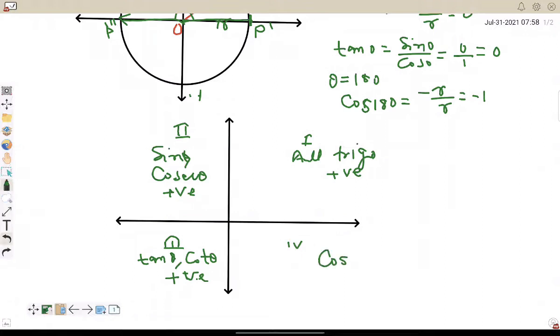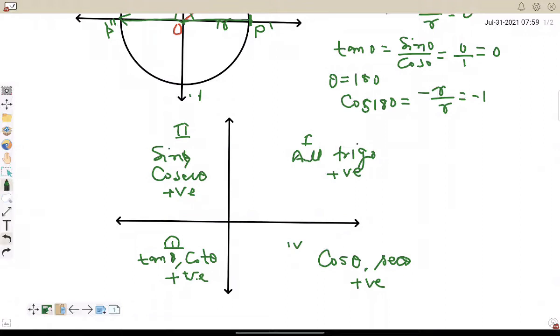Once cos is positive, then the reciprocal of cos is secant theta, so definitely secant theta is also positive. So always remember, in the first quadrant all trigonometric ratios are positive, in the second quadrant only sine and cosec are positive, in the third quadrant tan and cot are positive, and in the fourth quadrant cos and secant are positive.